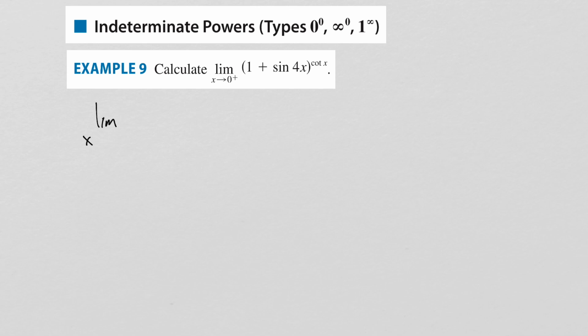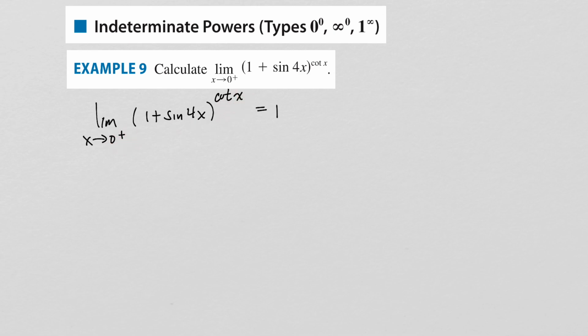We have the limit as x approaches 0 from the right, 1 plus the sine of 4x to the power cotangent of x. And so as x goes to 0, we know that sine of 0 is 0, so the inside of the parentheses here becomes 1. And then the only question is, what happens to cotangent of x as x approaches 0 from the right?